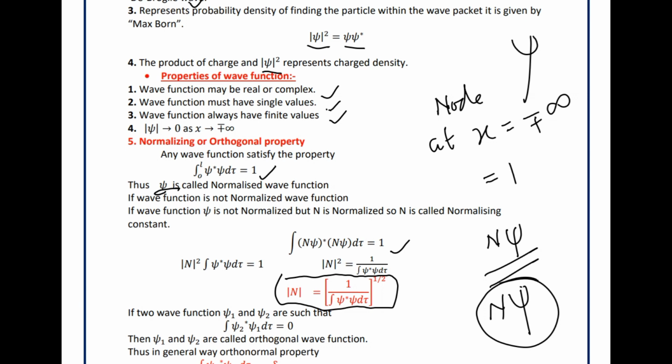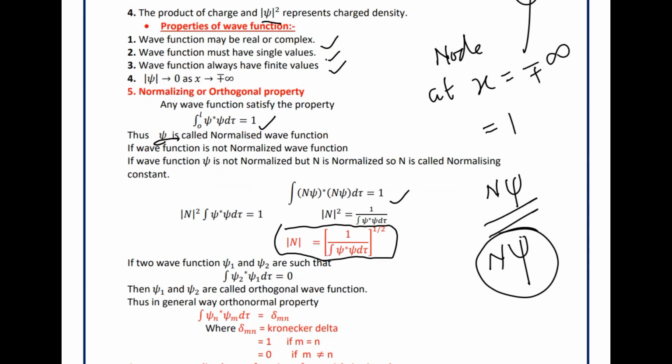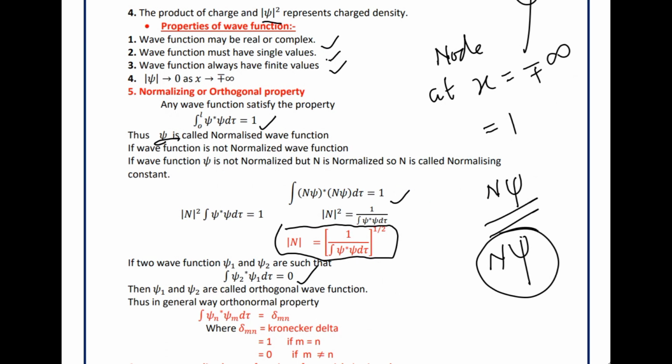If the two wave functions psi1 and psi2 follow the property integral psi2 star psi1 d tau is equal to 0, then they are called orthogonal wave functions. So one condition, integral psi2 star psi1 d tau is equal to 0, is orthogonal, and is equal to 1 is normalized if the wave functions are the same.